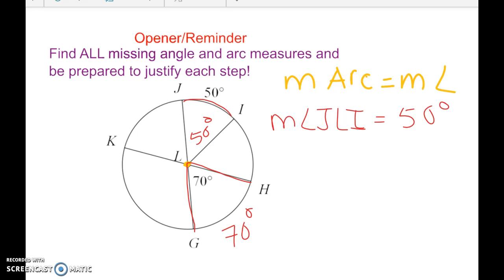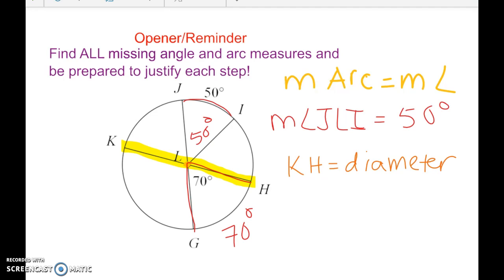Well, let's not forget that a diameter goes through the center and cuts the circle in half. So in this case, KH is a diameter.